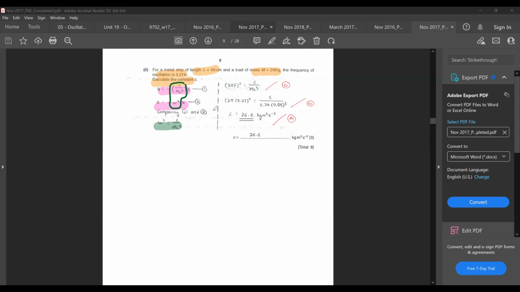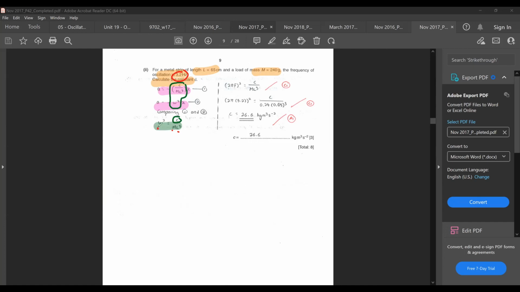Okay, since they want the value of C, you need to know all the other values. Okay, so mass, you know, length, you know, omega, you don't know directly, but you do know the frequency because it's written here.